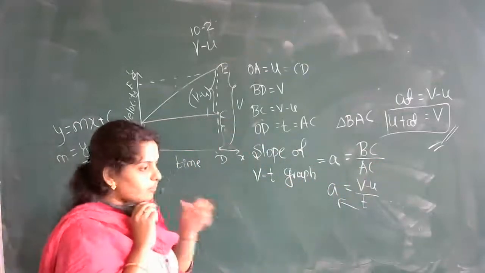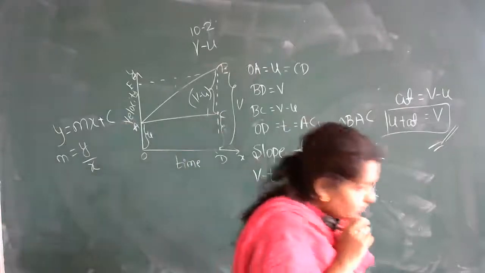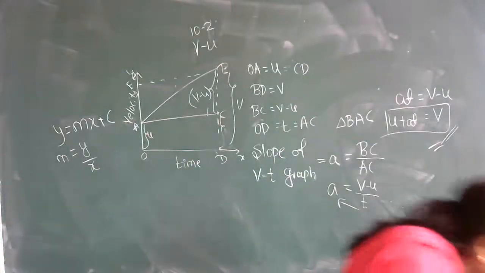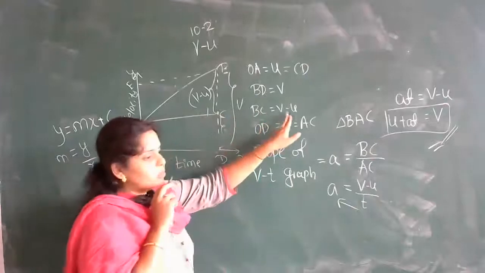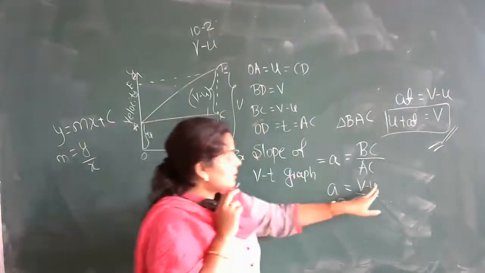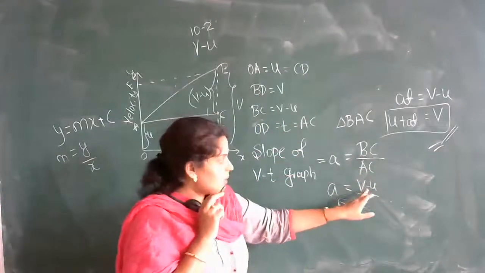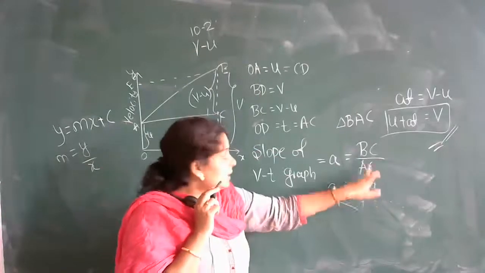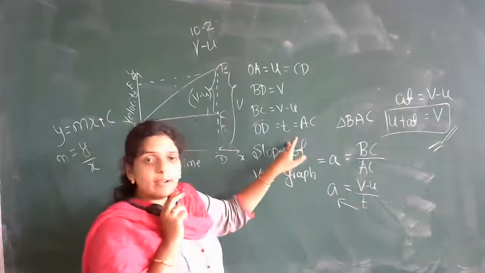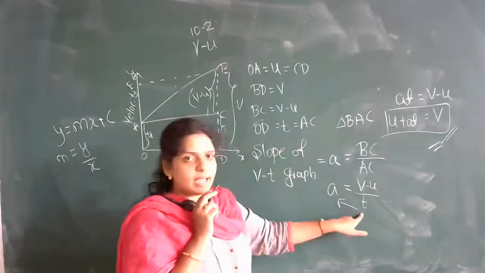Now, what is the BC value? BC value you have already written here. See, BC is equal to V minus U. I am substituting V minus U divided by AC. Here I have already written AC is equal to time.